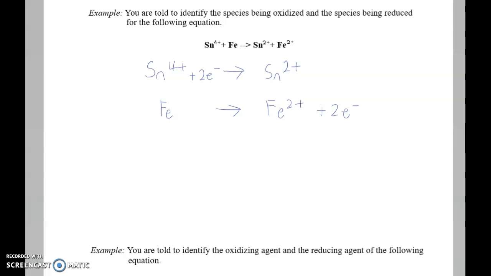So tin gains 2 electrons to become tin 2 plus. So tin is the species reduced. And iron is the species oxidized.